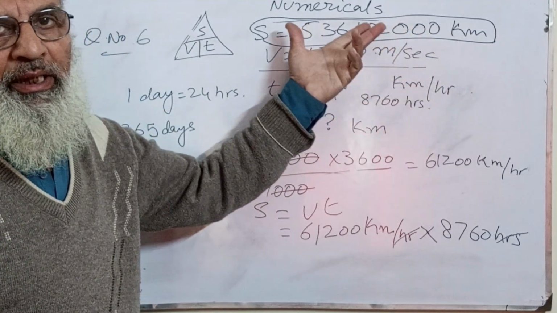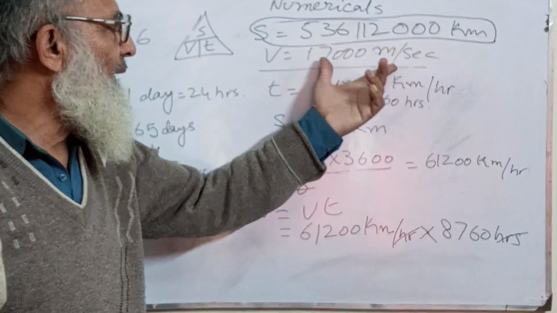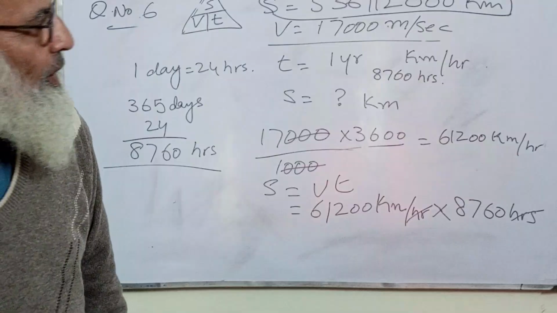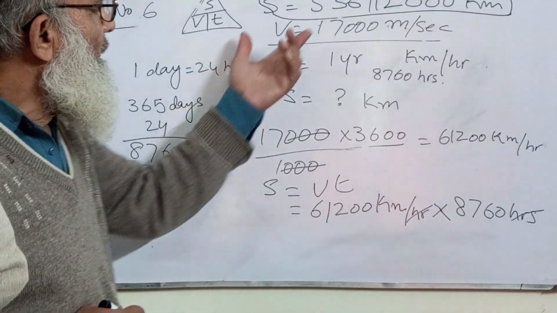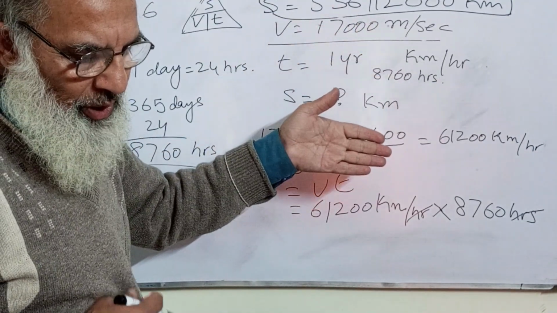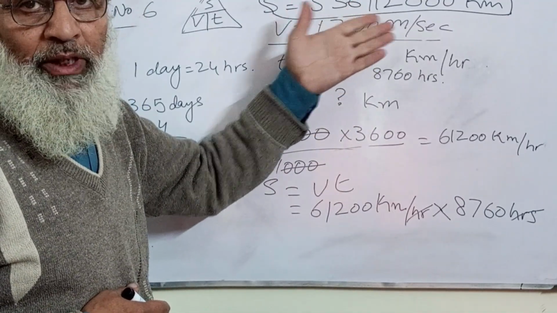This is the distance covered by a spacecraft in 1 year at this speed. So my dear students, this is the distance which the Voyager, or whatever spacecraft it was, will travel in 1 whole year.